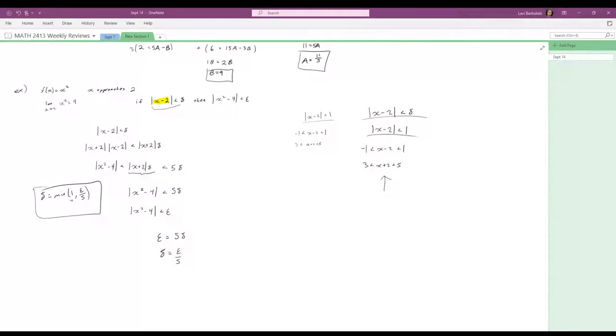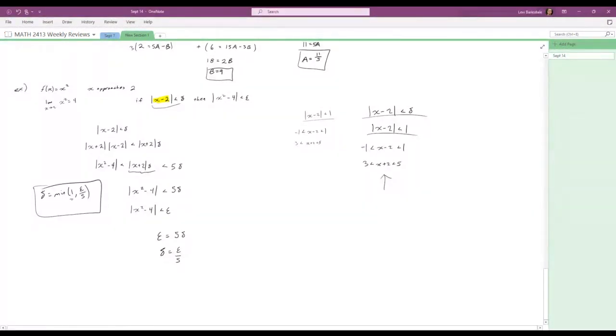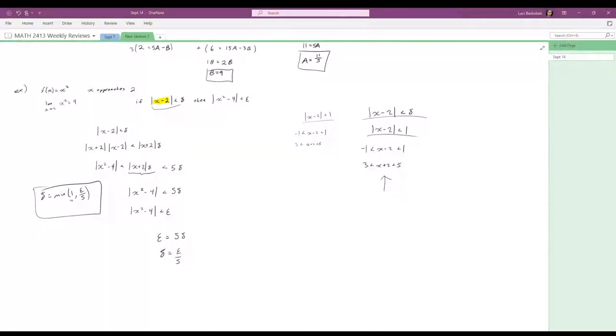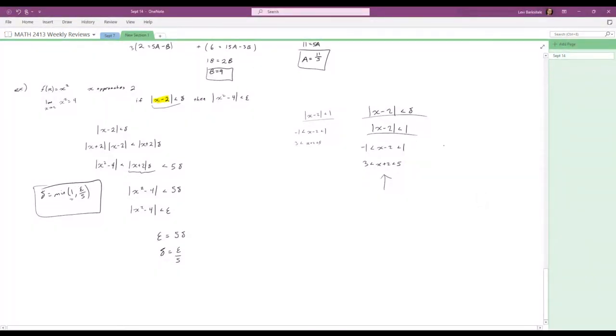They would have added 2 to 1. Okay, so that is definitely doable. So they would have turned this into 1 is less than x is less than 3. Something like that.